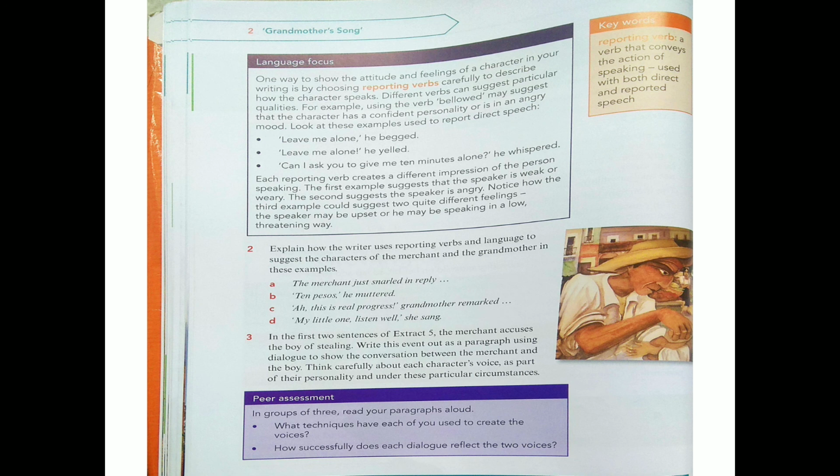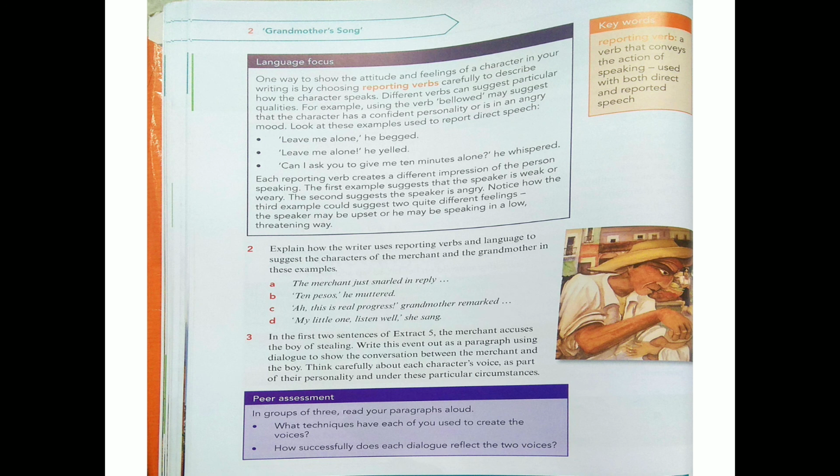Now, the second question. Explain how the writer uses reporting verbs and language to suggest the characters of the merchant and the grandmother in these examples. The merchant just snarled in reply. So, how do you think he's behaving there? Okay, what is the mood, right?